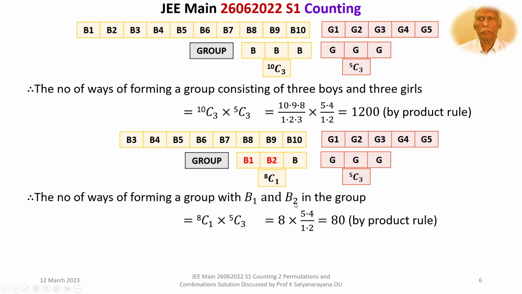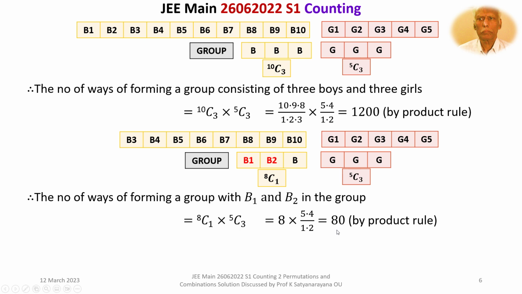So, in these 80 ways of selecting groups, in every group these two boys, B1, B2, together will appear. But we want the number of ways of forming a group consisting of 3 boys and 3 girls with a condition that these 2 boys, B1 and B2, together should not be there in the group. That is obtained from the above 1200 by subtracting this 80.